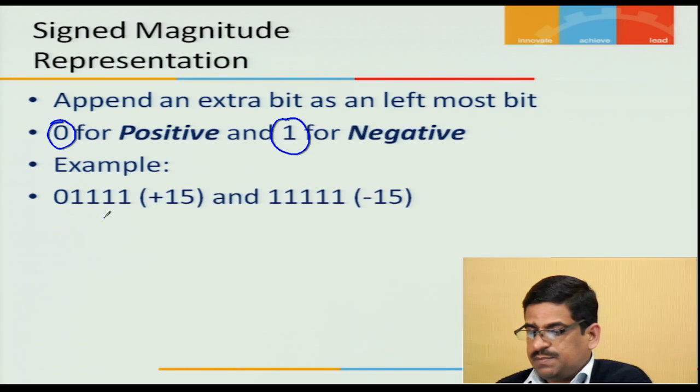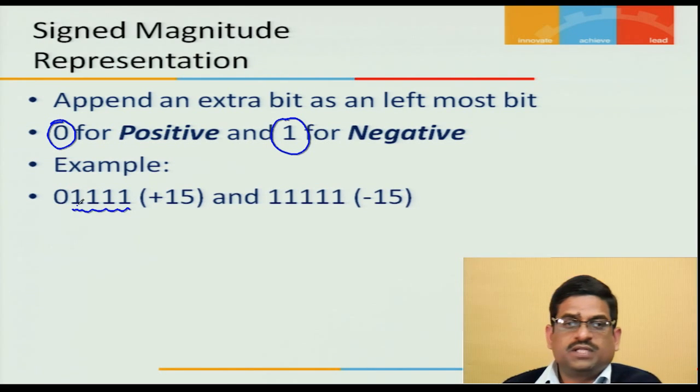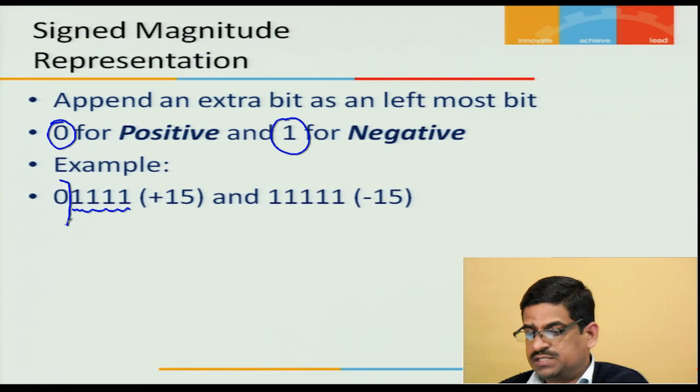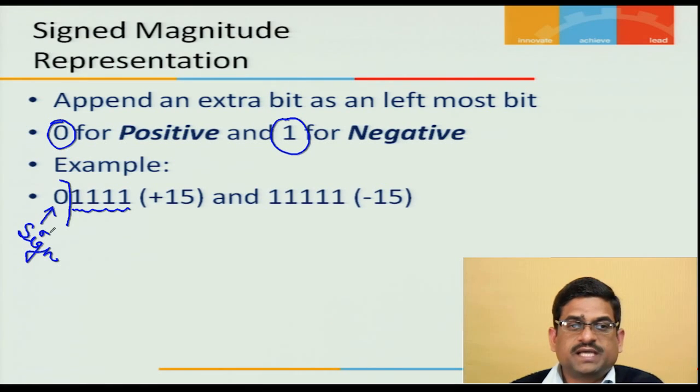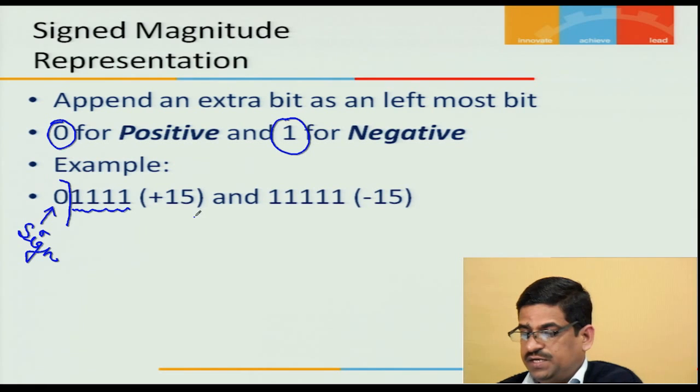Let's take an example here. The rightmost 4 bits of the number tell me the value, and the leftmost 1 bit tells me the sign of the number. Here the sign is positive, so this is plus 15.